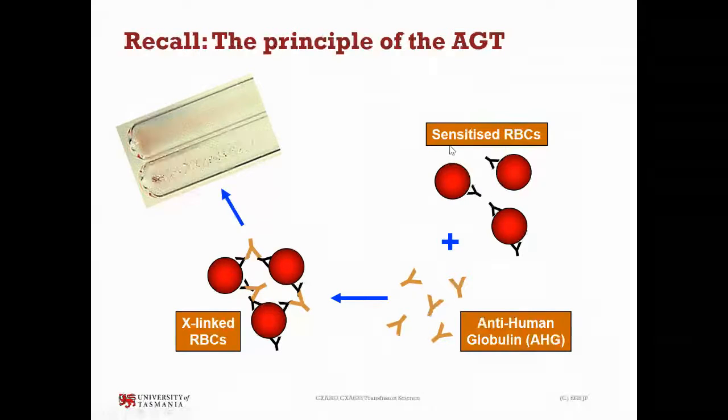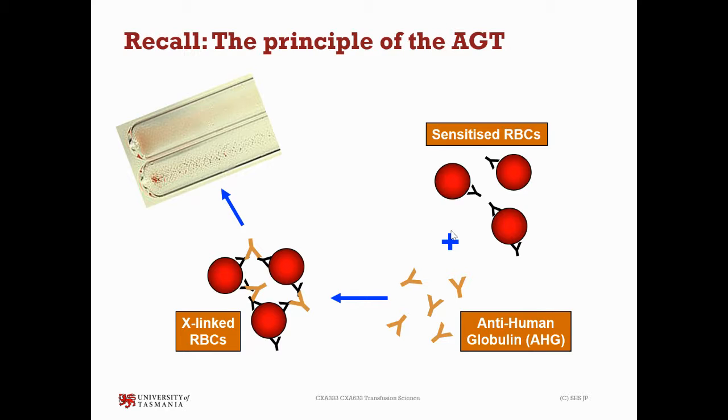And so because all of the IgG can do is to sensitize the red cells, the principle of the antiglobulin test is that we add an agent that has an antibody in it that is able to cross-link these sensitized red cells. So we react the sensitized red cells with an anti-human globulin. That's antibody to the IgG antibody, to the Fc fraction of it.